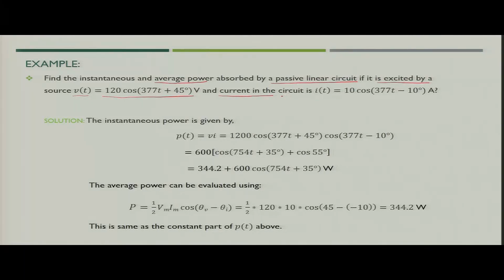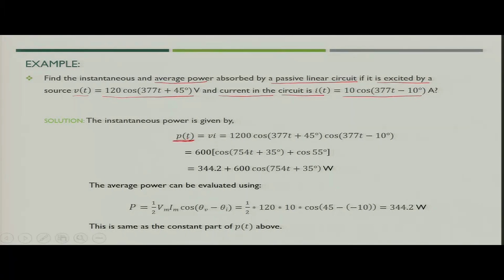The current in this element is i(t) equal to 10 cos(377 t minus 10 degrees) ampere. So, voltage and current are both given. We have to find the value of instantaneous as well as average power.